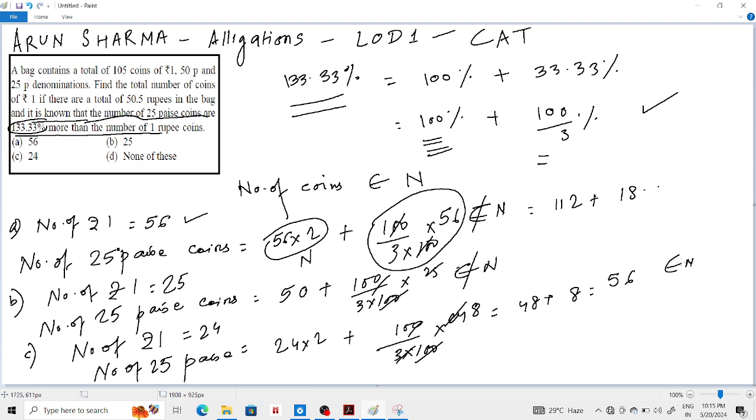So option C is actually slowly taking us to the right direction because option number C has actually satisfied our condition that number of coins has to be a natural number. So we have taken number of 1 rupee coin as 24 and number of 25 paise coins as 56. Next, let us see what about the 50 paise coins.